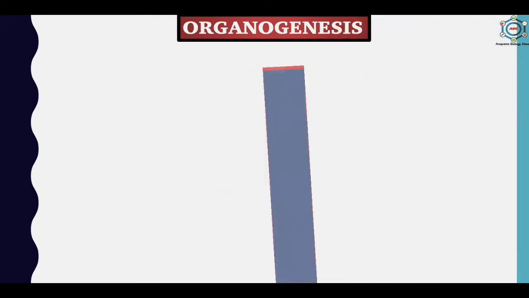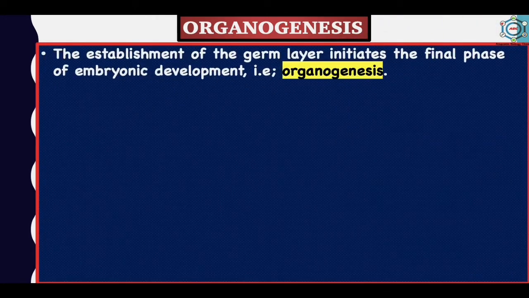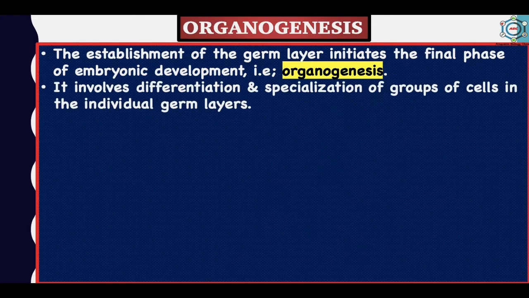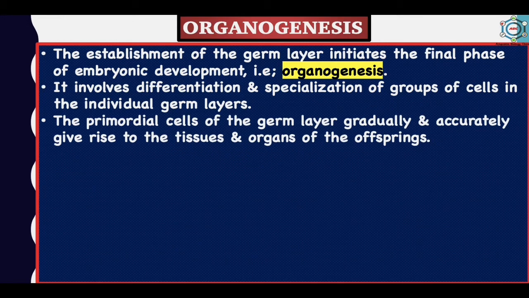Now, the process of organogenesis. In this process, the establishment of the germ layers initiates the final phase of embryonic development, that is called organogenesis. It involves differentiation and specialization of groups of cells in the individual germ layers. The primordial cells of the germ layers gradually and accurately give rise to the tissues and organs of the offspring.